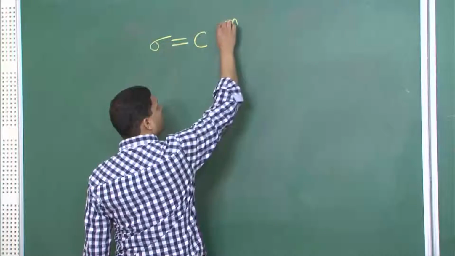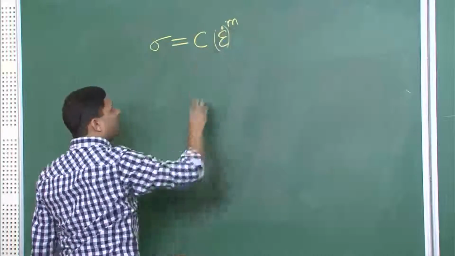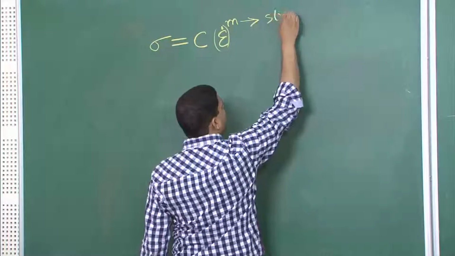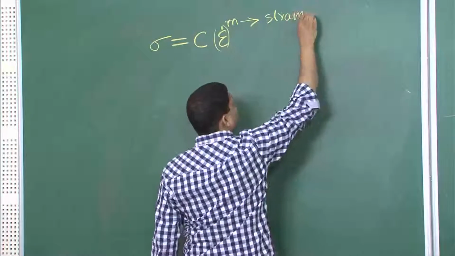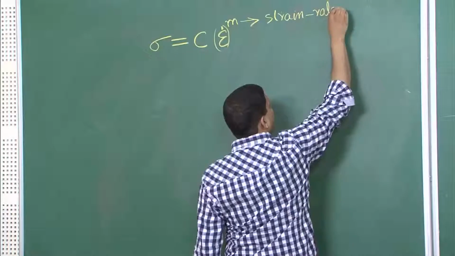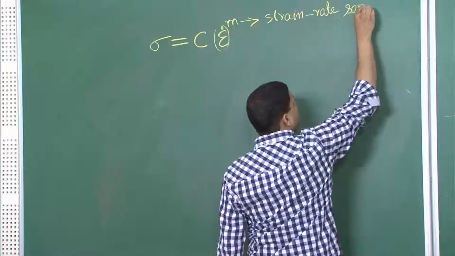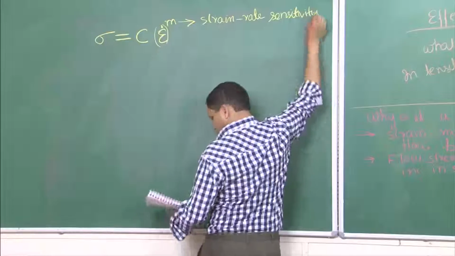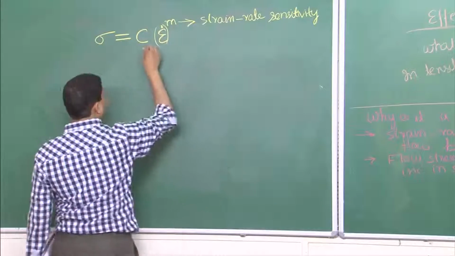So this is one quantity, strain rate, and M is the strain rate sensitivity, and C is called the strength constant.